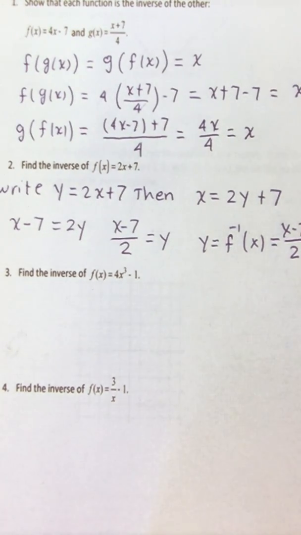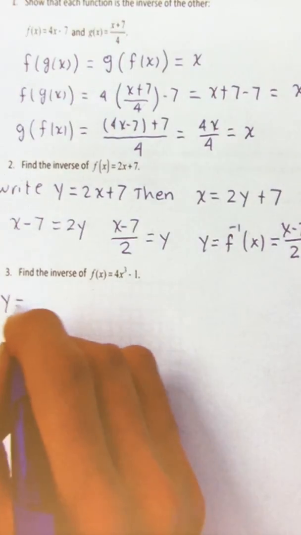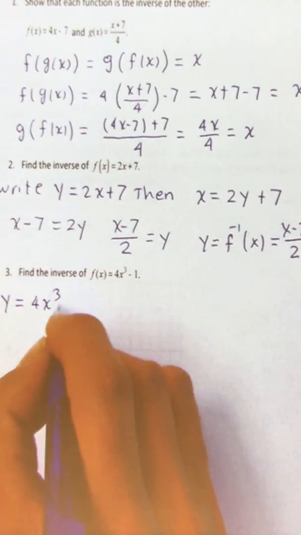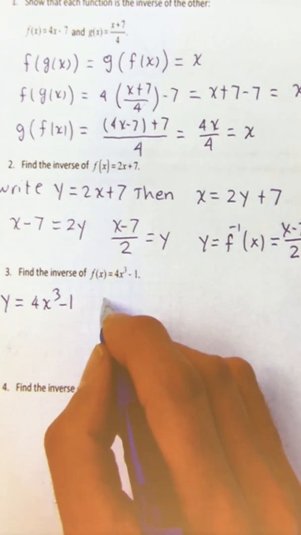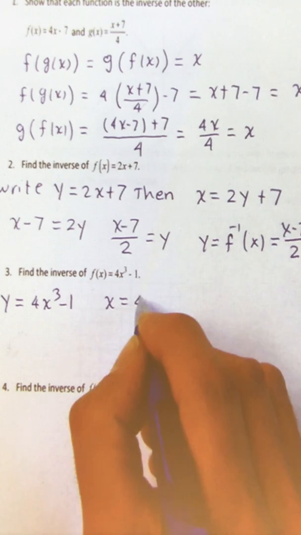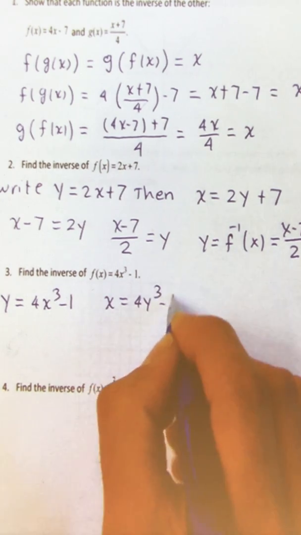Let's do the same in problem 3 as we did in problem 2, except now we're given a cubic function, 4x cubed minus 1. So we will write y equals 4x cubed minus 1, and then interchange the x and y. So x is equal to 4y cubed minus 1.